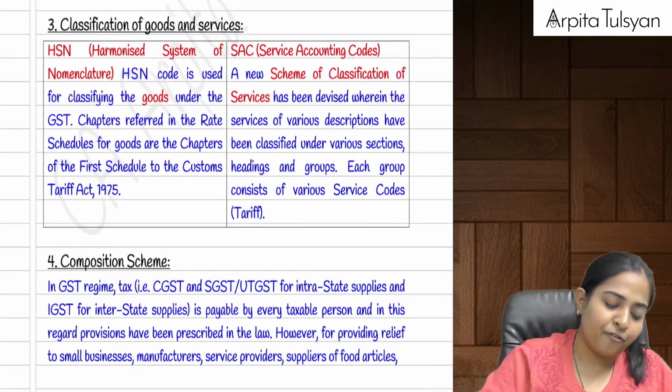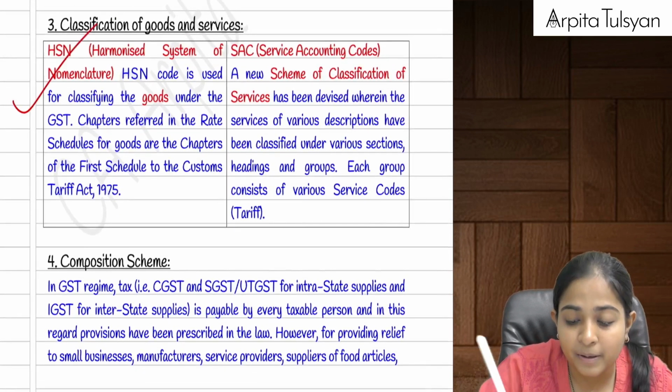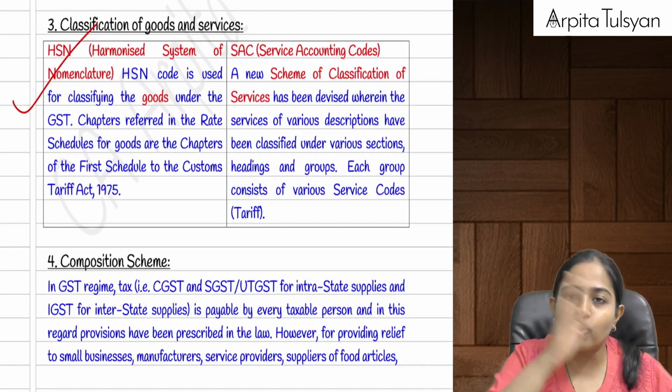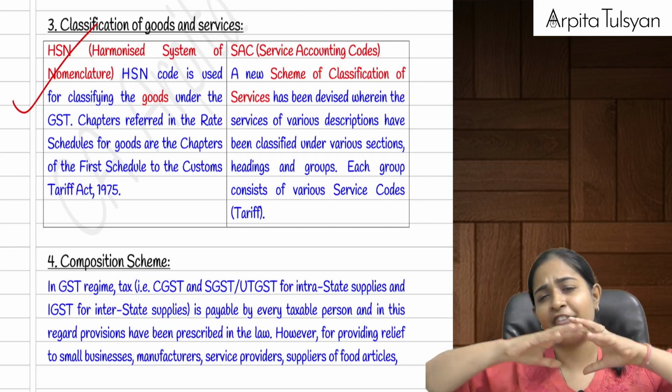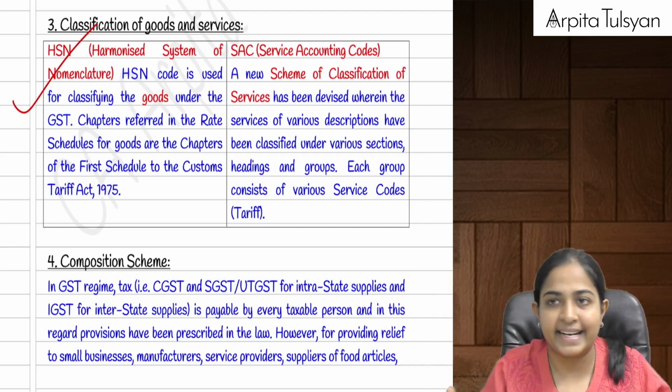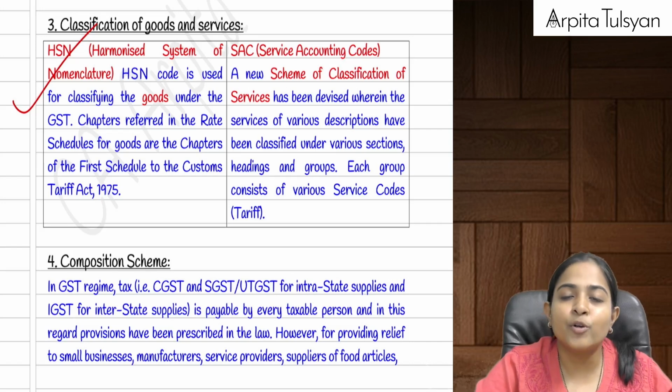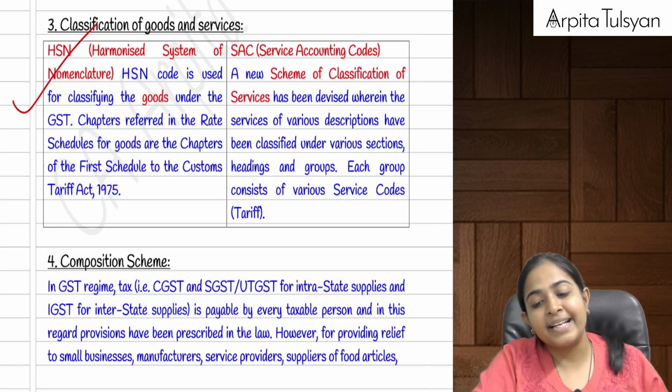Yes. Then, for the purpose of simplification, for deciding the rates of GST, they have done some classification. For goods, they have bifurcated. Now we have n number of goods getting traded and manufactured in our economy. So they are telling that we are going to use the HSN code, harmonized system of nomenclature.